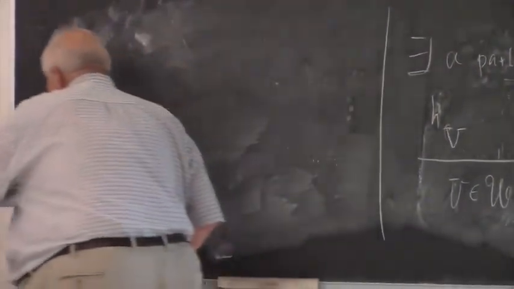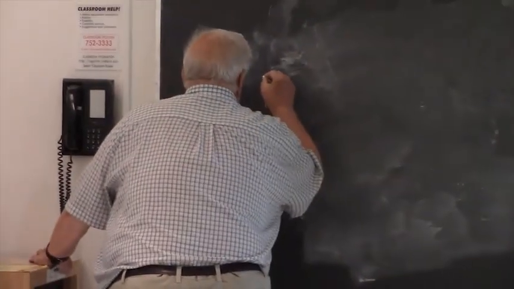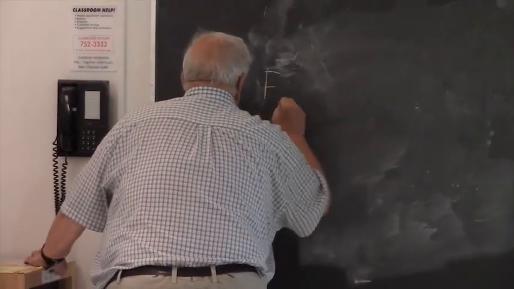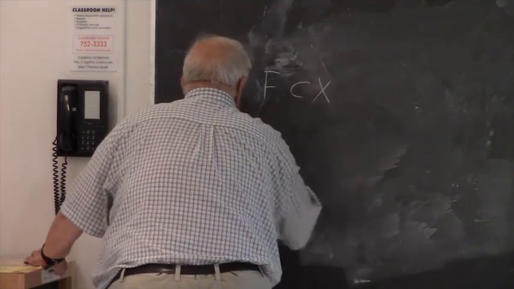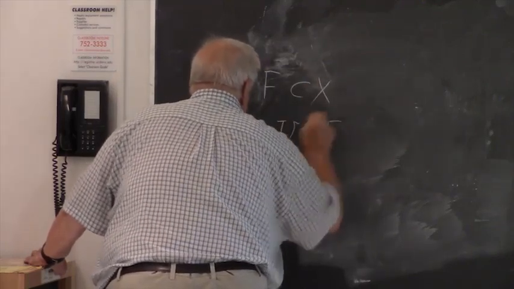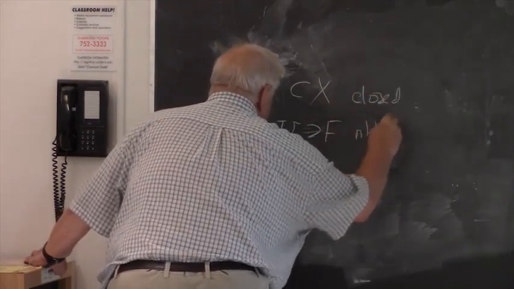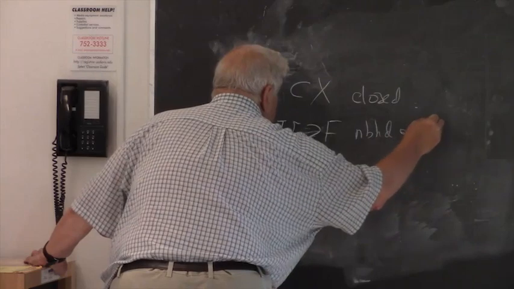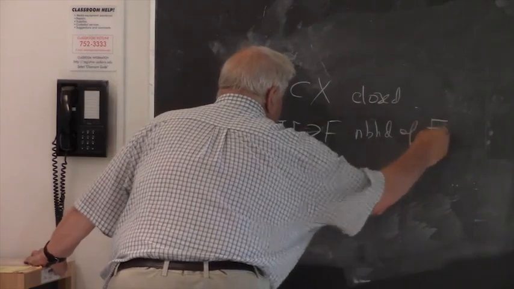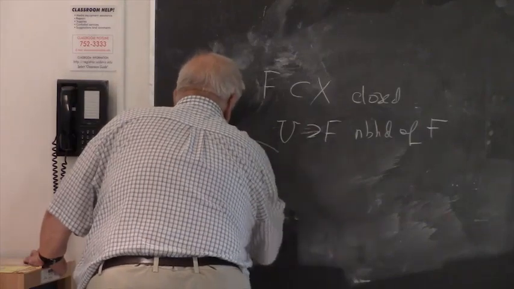Suppose that we have two sets, F in X and U. F is closed, and U is a neighborhood of F. So some set F and a neighborhood of it.